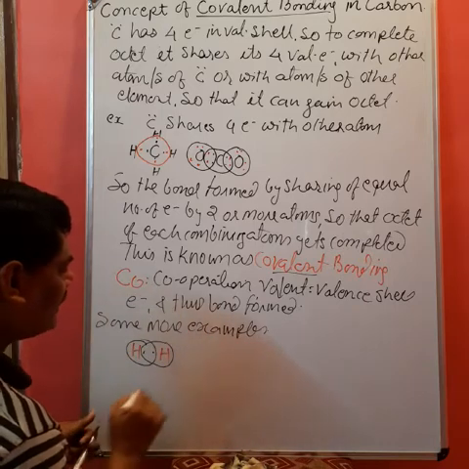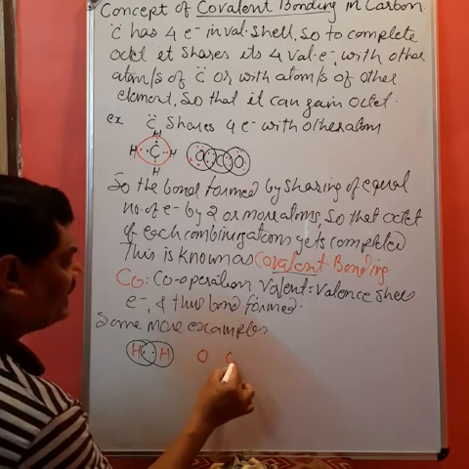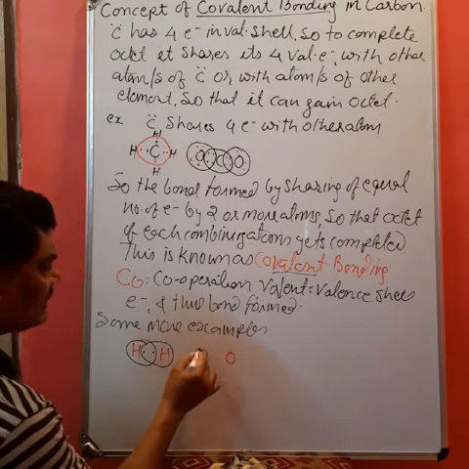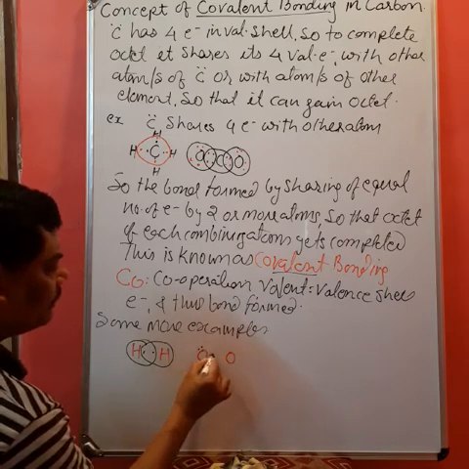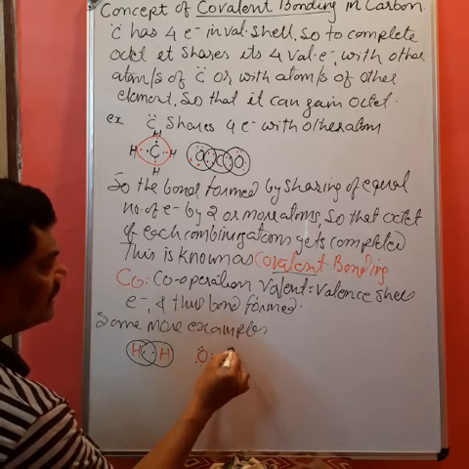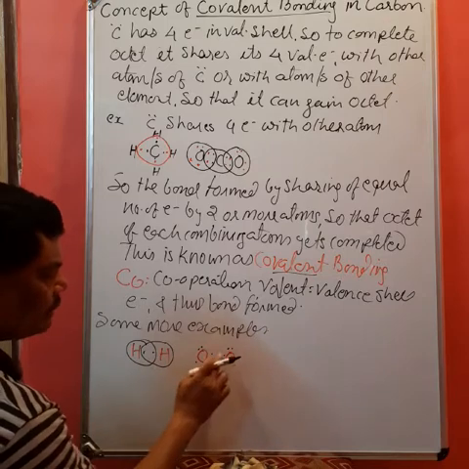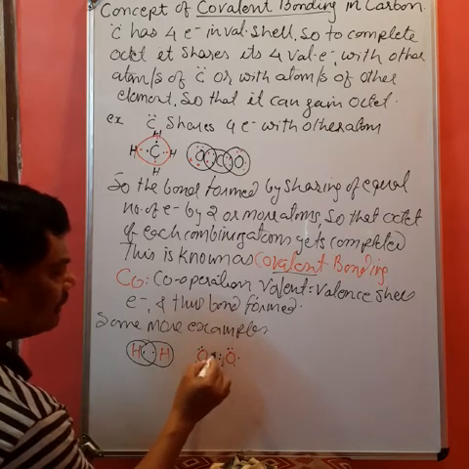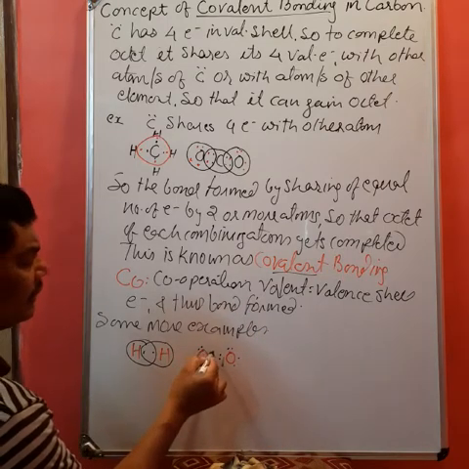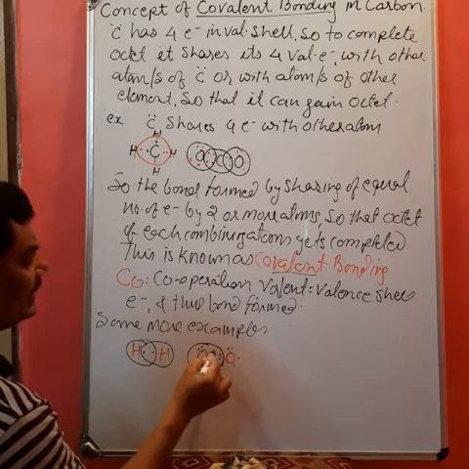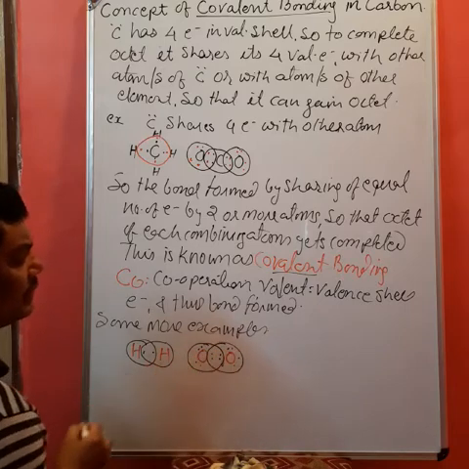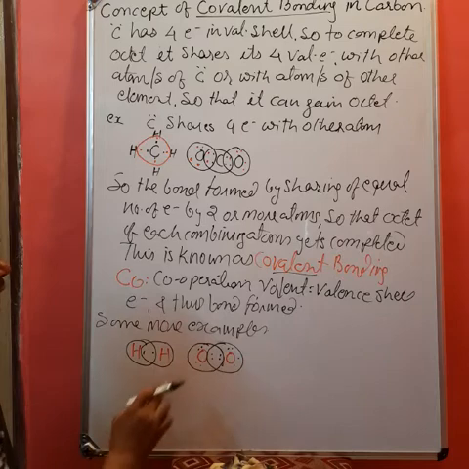Similarly, if we take the example of oxygen, each oxygen has 6 electrons, 1, 2, 3, 4, 5, 6. Similarly, 1, 2, 3, 4, 5, 6. So each requires an octet, but they do not have it, therefore they share 2 electrons each. That means now they become stable, because each one has how many electrons?